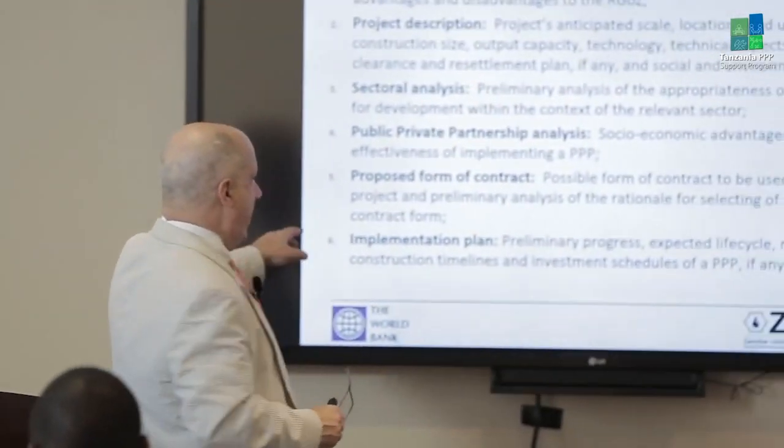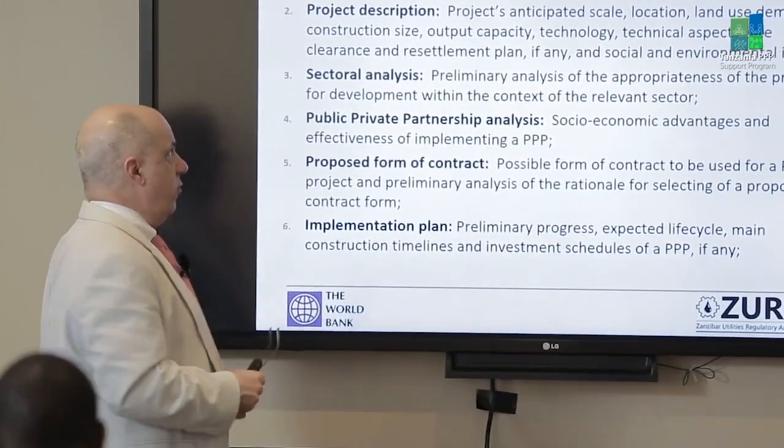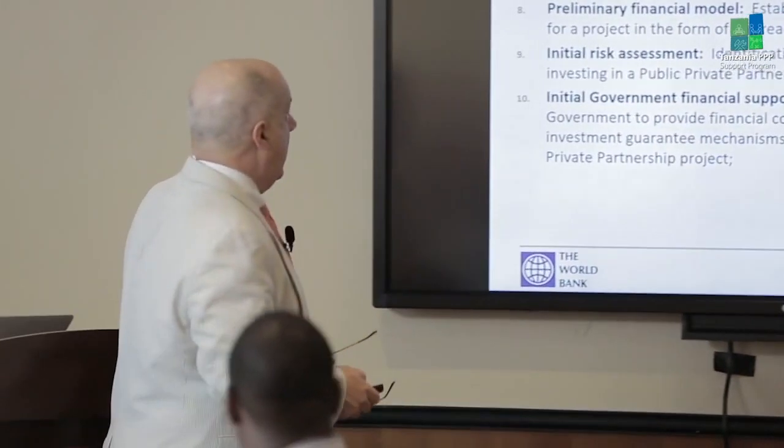I forget how many, 10. There's 10 items: needs analysis, the description of the project, sectoral analysis, the PPP analysis, what type of contract is being suggested, how it would be implemented, cost, a pretty basic financial model, an assessment of risk, and an assessment of any government financial support for the project.